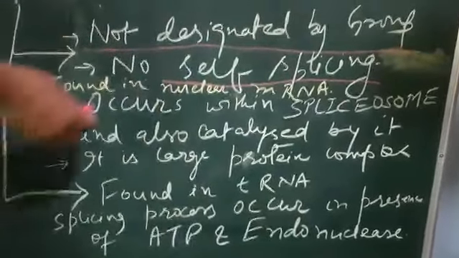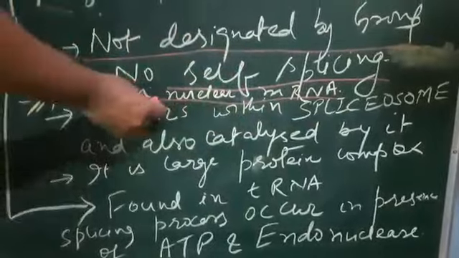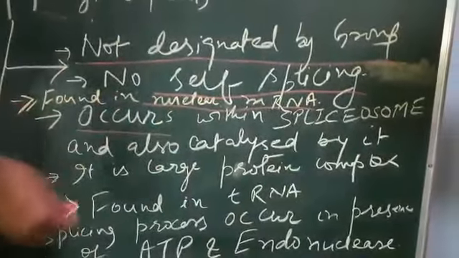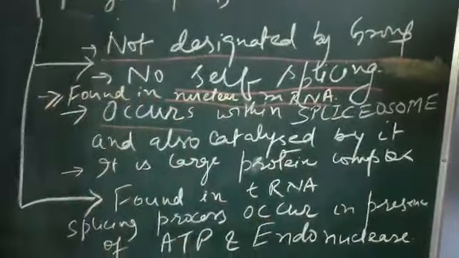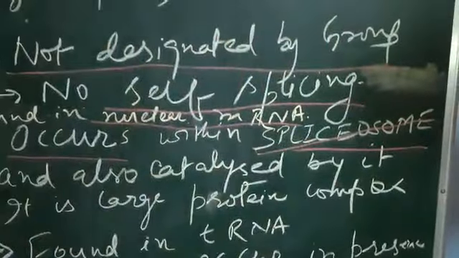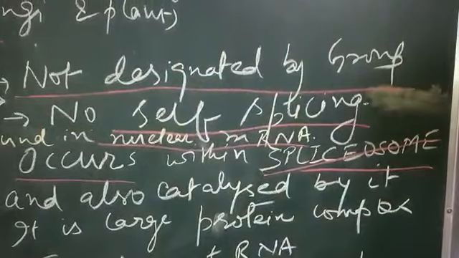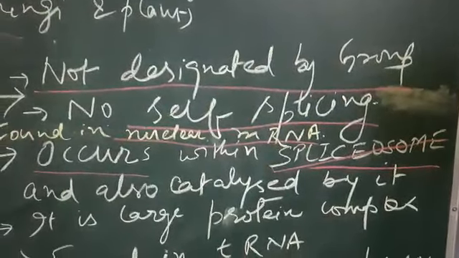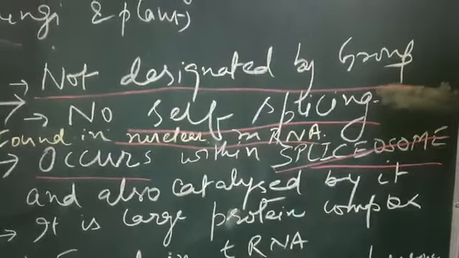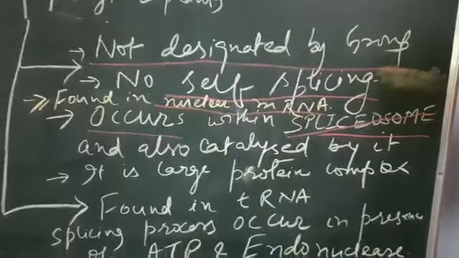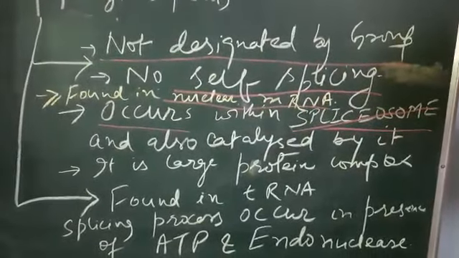These are found in nuclear mRNA, and this occurs within a large protein complex whose name is spliceosome. Since it is like this, you also call them spliceosomal introns. ATP is also there.